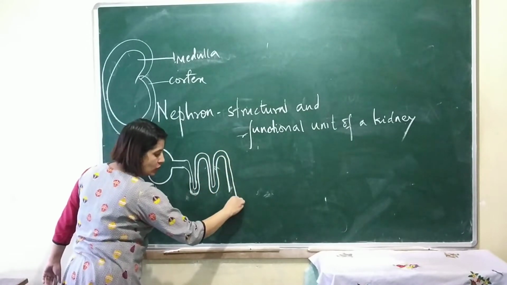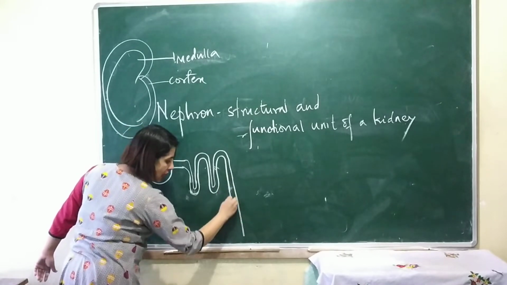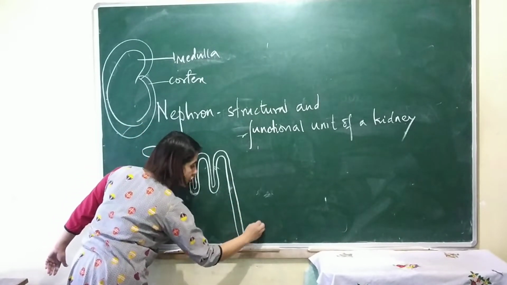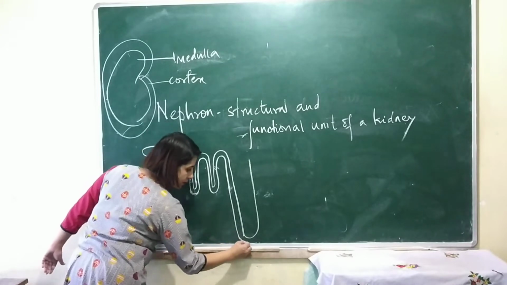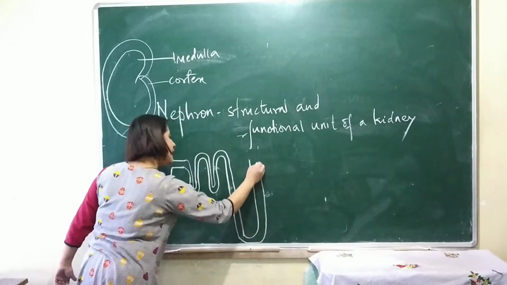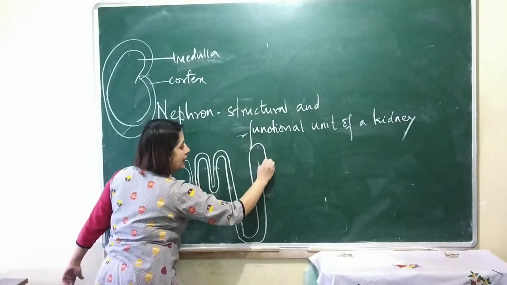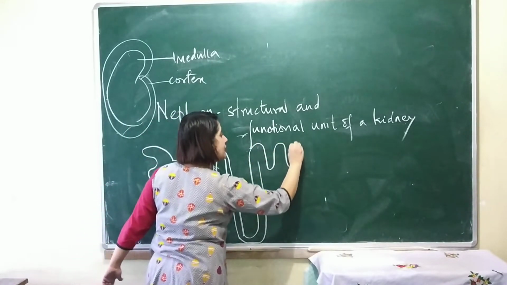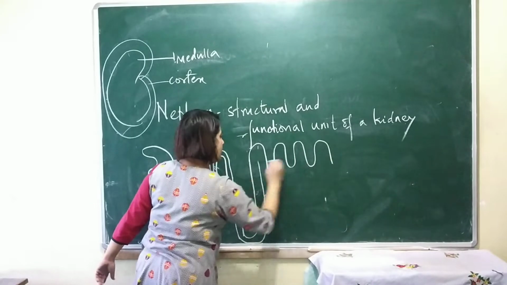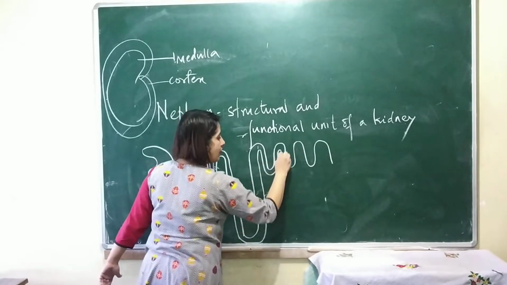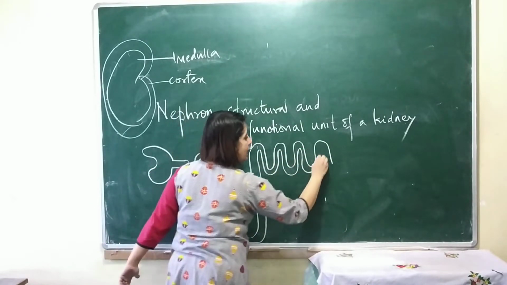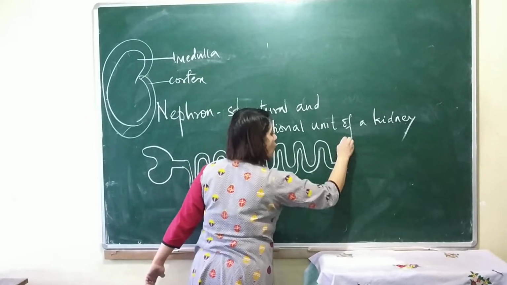This coiled tube now continues as a U-shaped tube, and after the U finishes, it again becomes coiled, and then it joins a long tube.